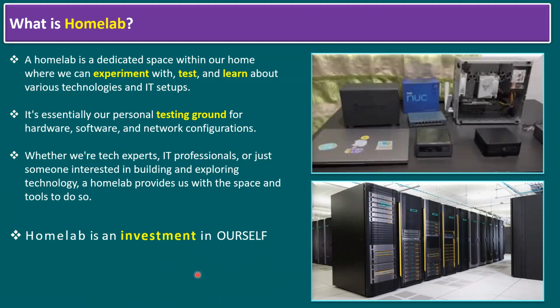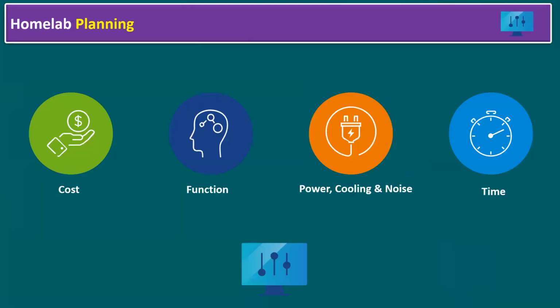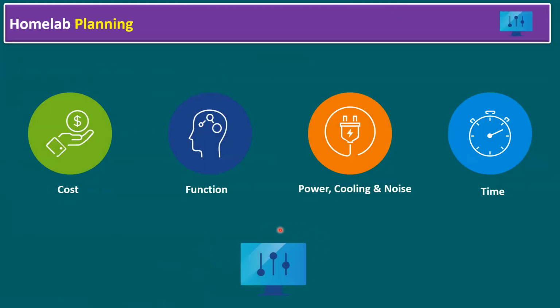Now let me talk about home lab planning. As I mentioned, first we can start with one system, either a desktop or a thin desktop, or you can use a personal laptop, and it depends on the cost and function. That means what is the main purpose of our home lab.